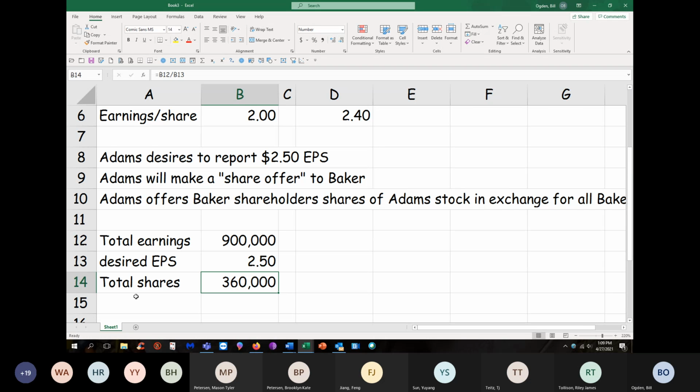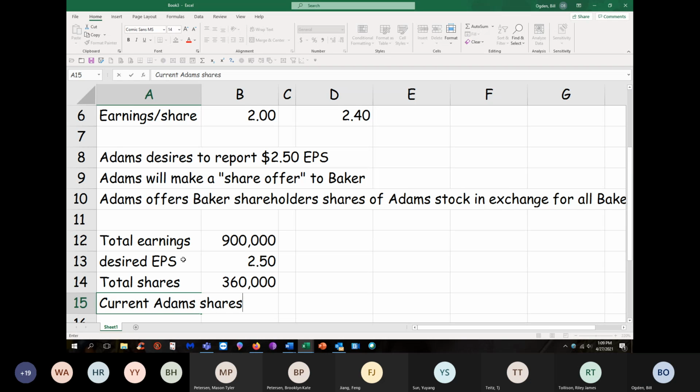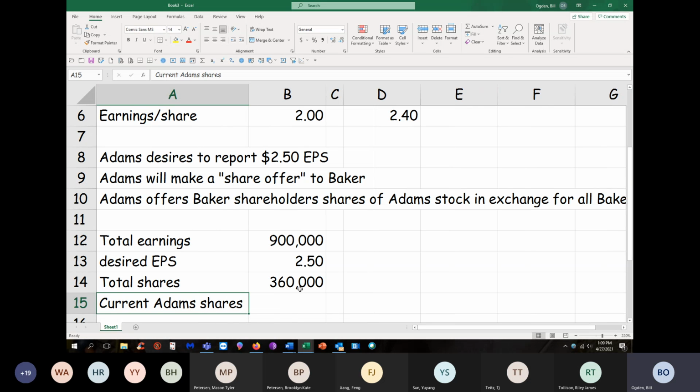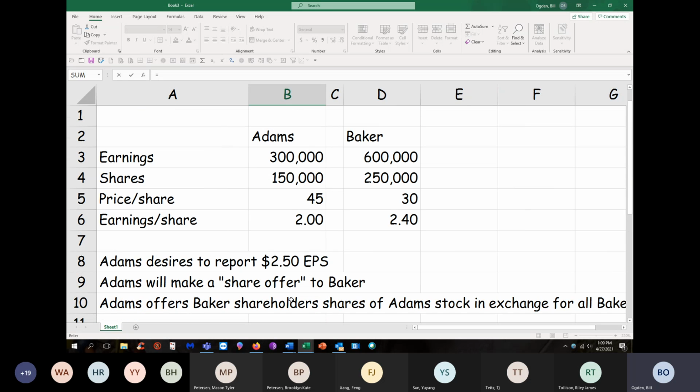All right. So this is the total shares. How many shares do we have of Adams? Of, let's say, current Adams shares. All right. So we have 360, which would imply 250 per share. Adams currently has 150,000 shares.